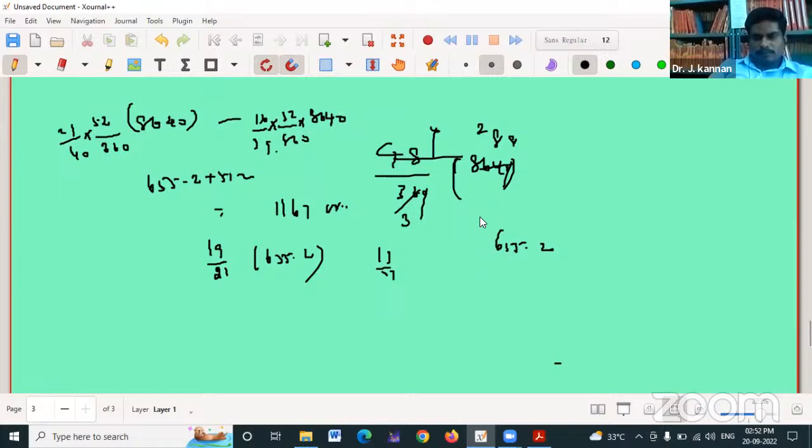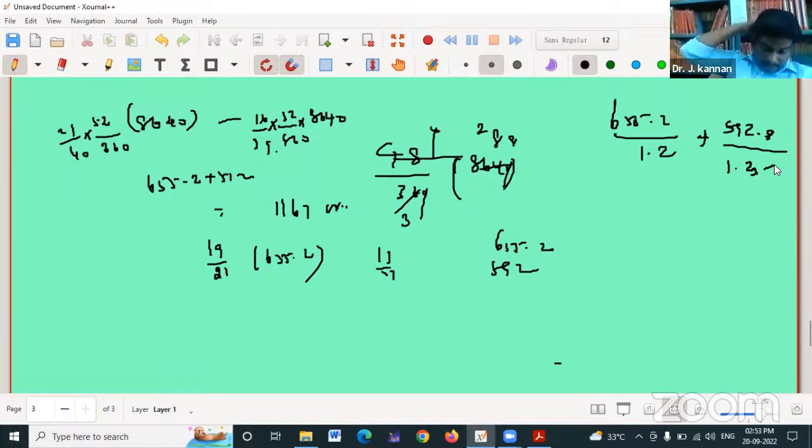And the second answer is 592. But this 655 is 20% profit. So 20% profit means 655.2 divided by 1.2, or 120 divided by 100, 1.2, plus 592.8 divided by 25% profit, so therefore 1.25.